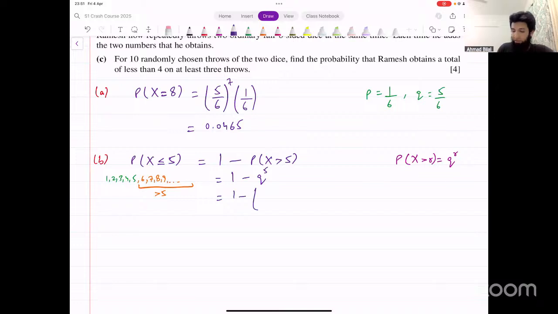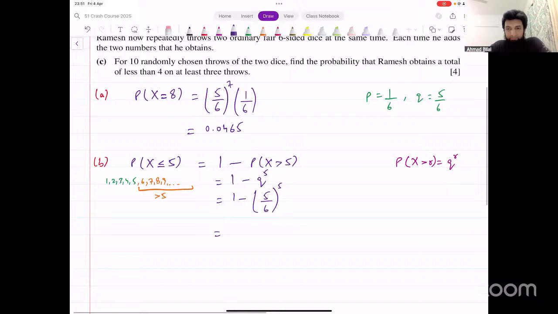And that's 1 minus 5 over 6 raised to power 5. What do we get from this? 0.598. Okay, that's the result that we get from this.